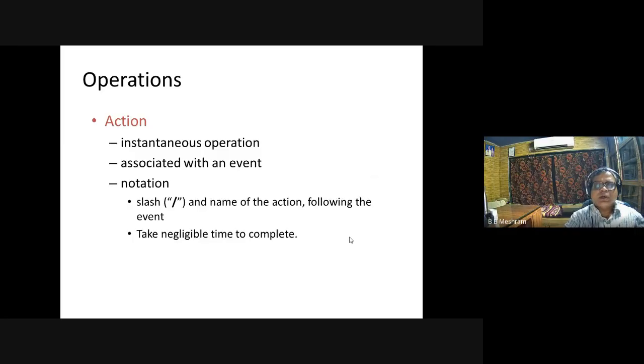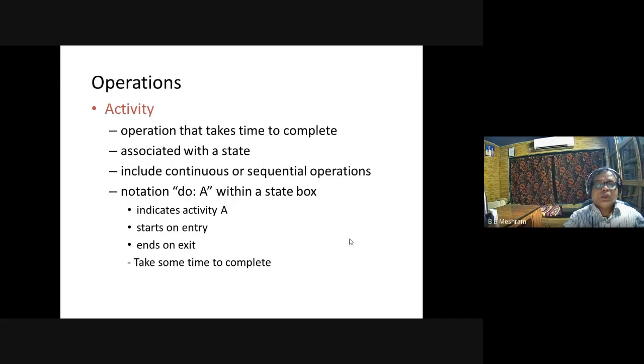So an action is an operation which takes negligible time to complete, while an activity is an operation that takes time to complete and is associated with a state. Activity includes continuous or sequential operations, and it starts on entry and ends on exit. An operational behavior is a do activity that is executed while being in the state.